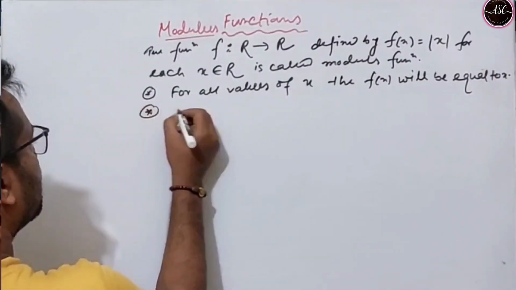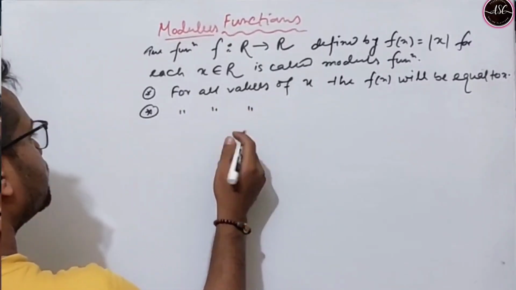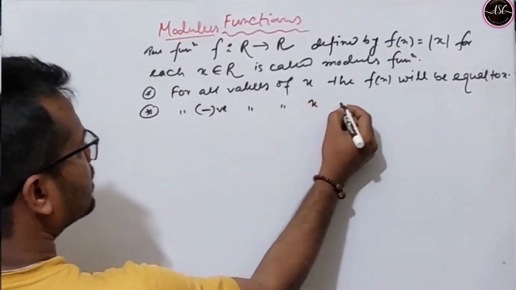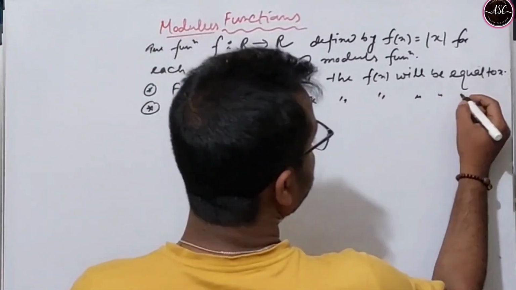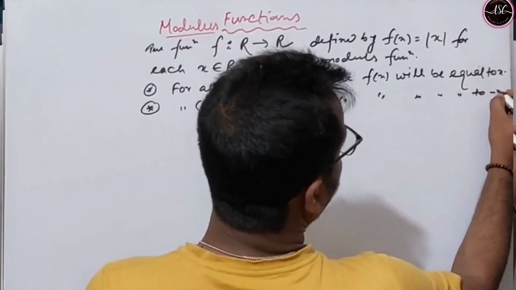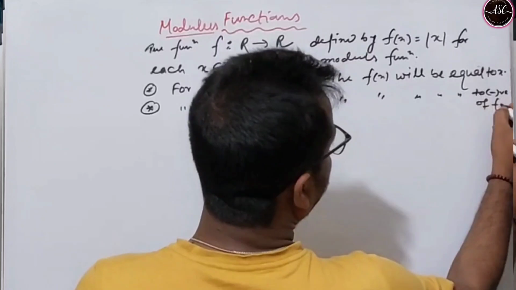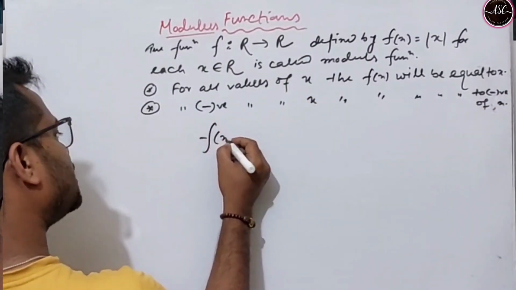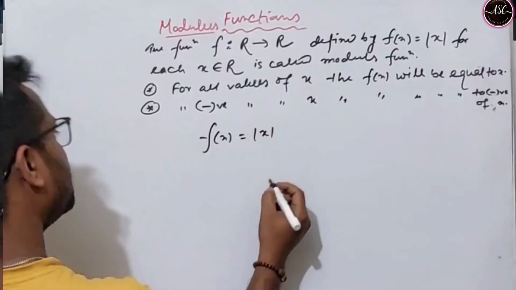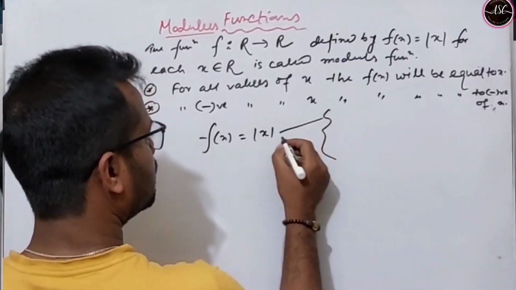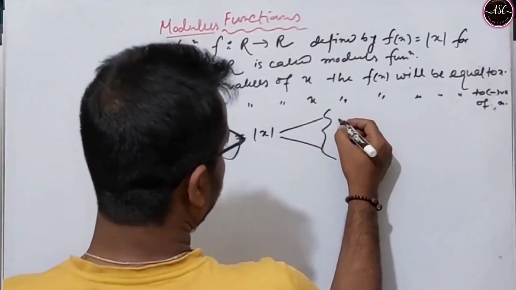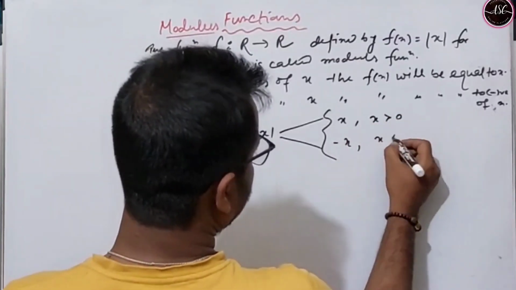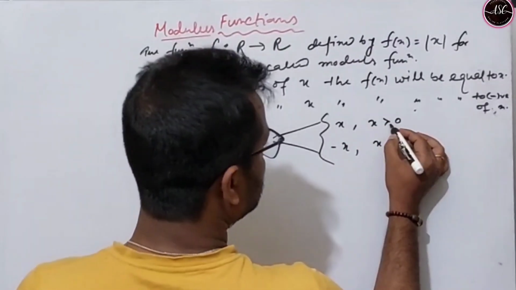And for negative values of x, f(x) will be equal to negative of x. That means f(x) is equal to mod x, then we get plus x when x is greater than or equal to 0, minus x when x is less than 0.